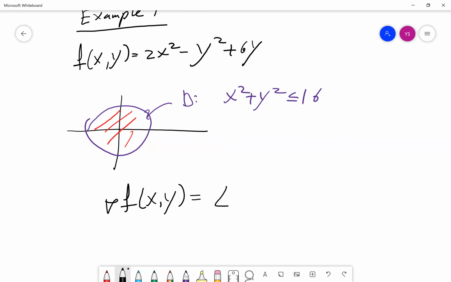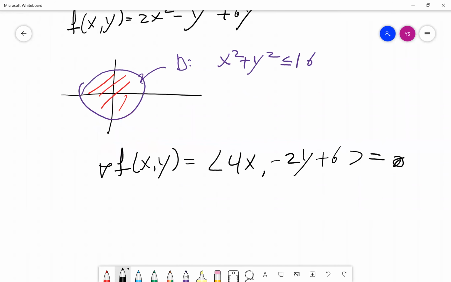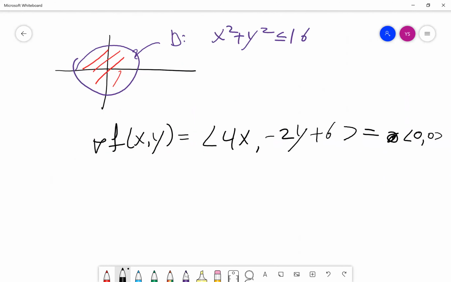So this is going to be (4x, -2y plus 6), and we want this to be equal to (0, 0). So we have 4x is equal to 0 and -2y plus 6 is also equal to 0.